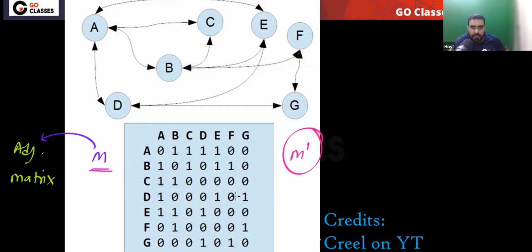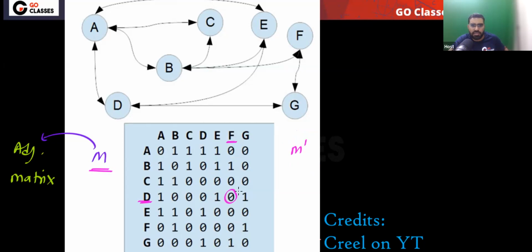For example, between D, F, there is no walk of length 1. Yes or no? Look at this example. Between D, F, there is no walk. You can check. There is no walk of length 1.